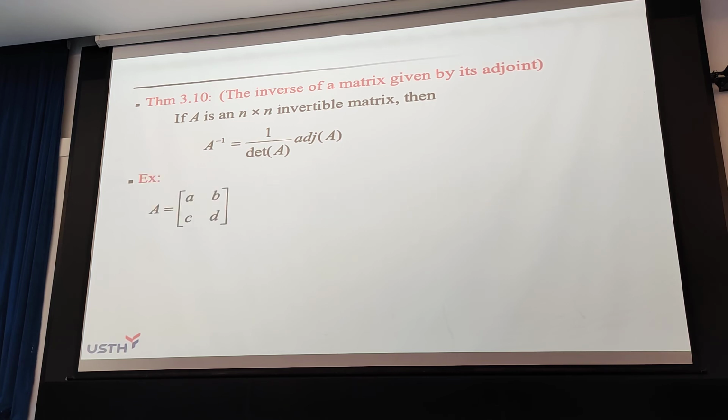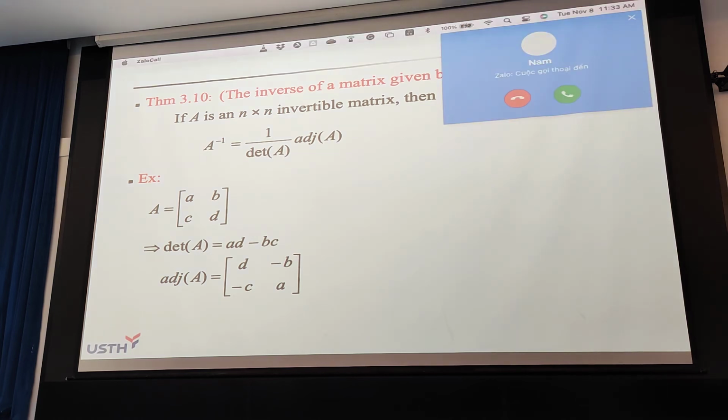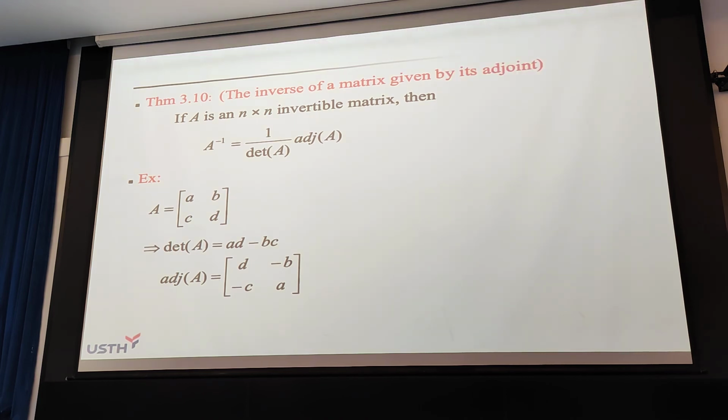And here is some examples for you. A to be like that. Then we know the determinant of A is very easy: AD minus BC. Suppose that number is non-zero. Then we have the adjoint of A. Here is very easy. Adjoint of A to be that number.